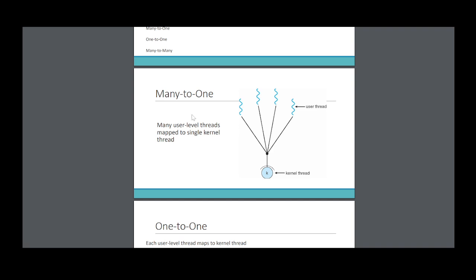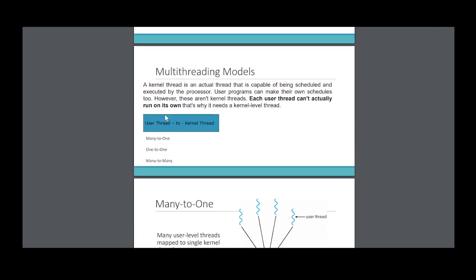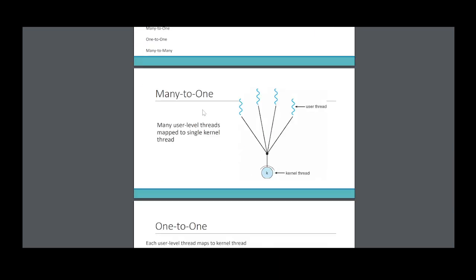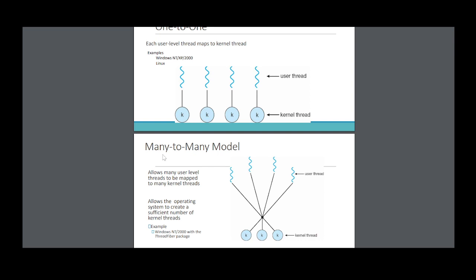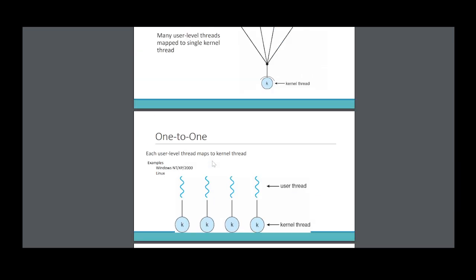So there are three multi-threading models. The first one is many to one, the second one is one to one, and the third one is the many to many model.